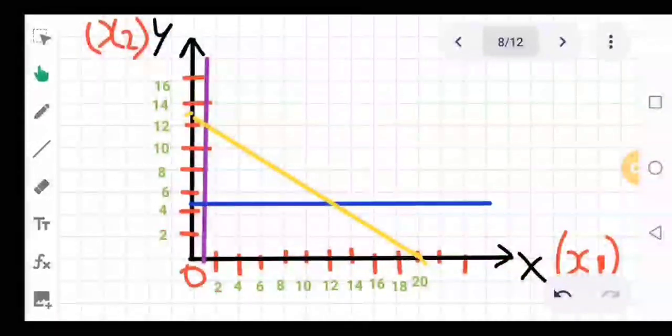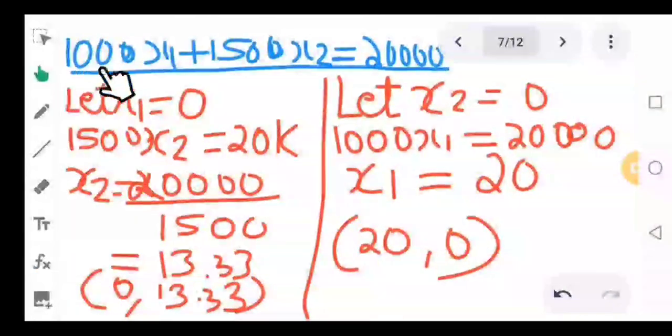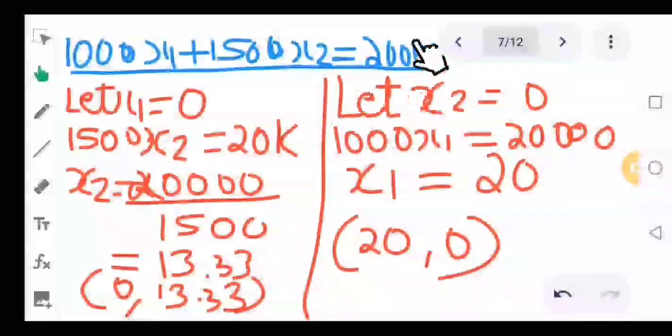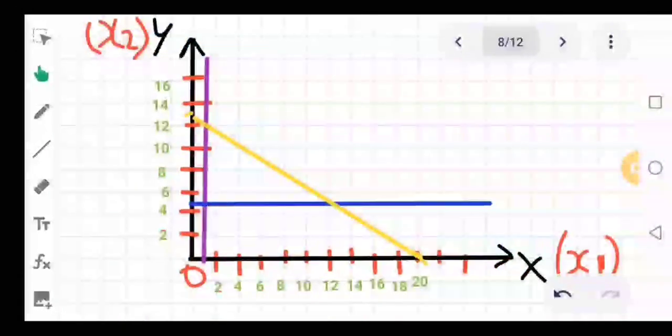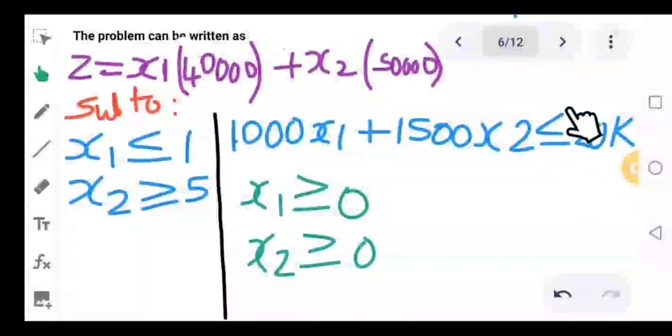For this yellow constraint, this particular equation, we saw over here that the sign is less than or equal to, and whenever the sign is less than or equal to, we have to shade towards the origin.